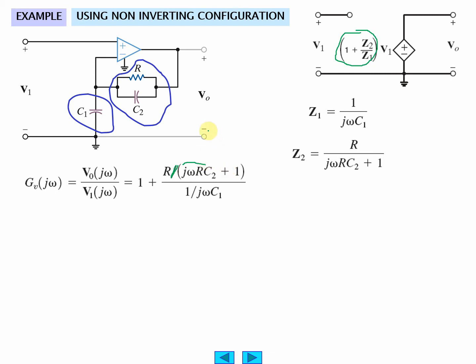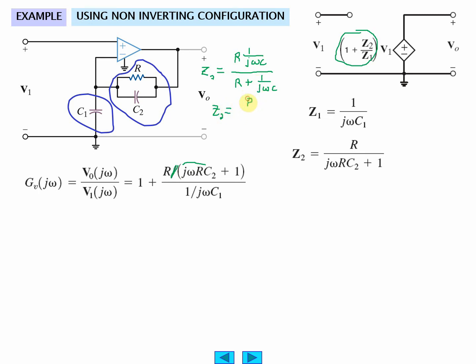Just looking through it, making sure we have that right. Z2, I'm going to write that down. Take a little time to do that. Z2 equals, it's in parallel, so it's R and 1 over j omega C. So this is a parallel combination. Multiply j omega C times the top and bottom.